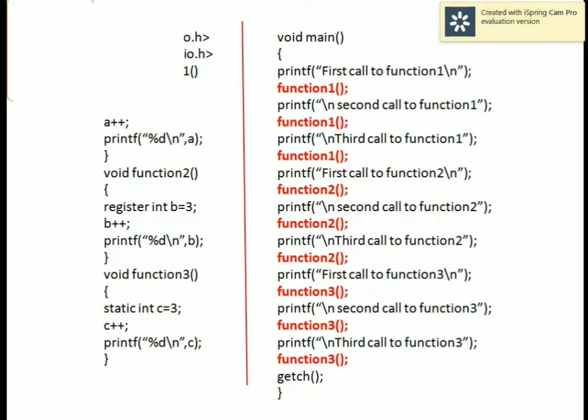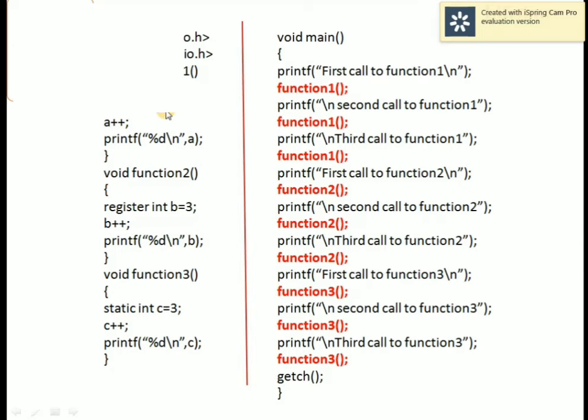See, here I have declared 3 functions: function 1, function 2, function 3. In function 1 I have taken automatic variable a, whose value is initialized to 3. So what will happen if I don't initialize? It will take the garbage value, any random value.